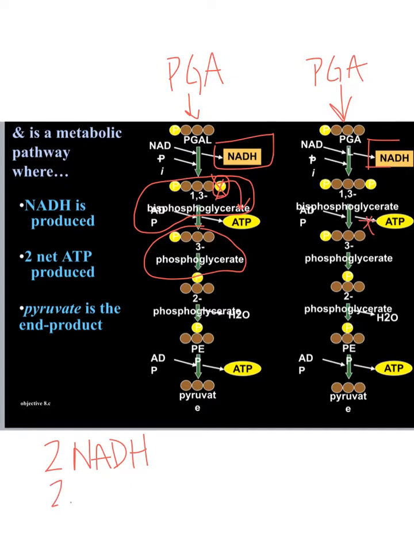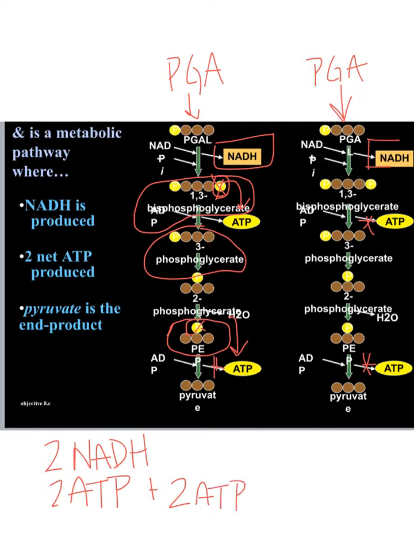So we make 2 molecules of ATP, and then down here we did the same thing. We have this phosphoenol pyruvate that has a phosphate group here, and we take it off and we transfer that phosphate group to make some more ATP. And again, we make 2, so we make 1 here and we make 1 here. So now we've made 2 more molecules of ATP.